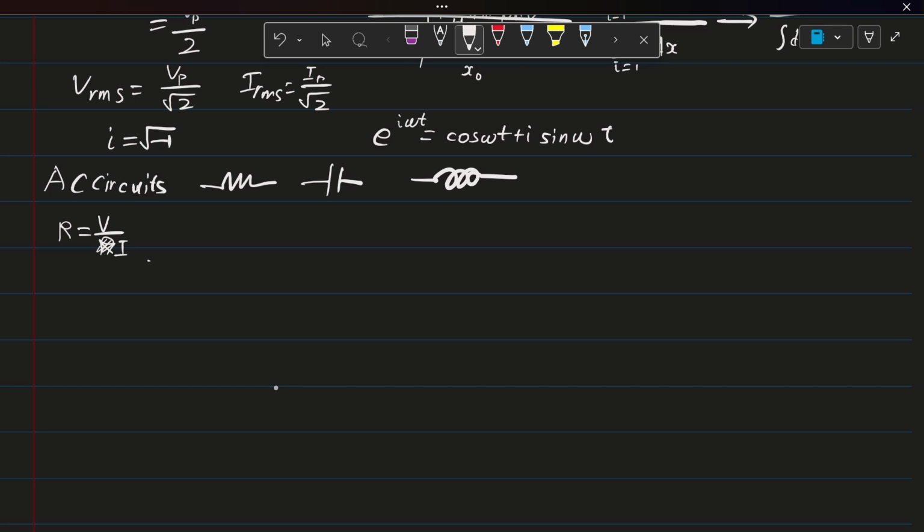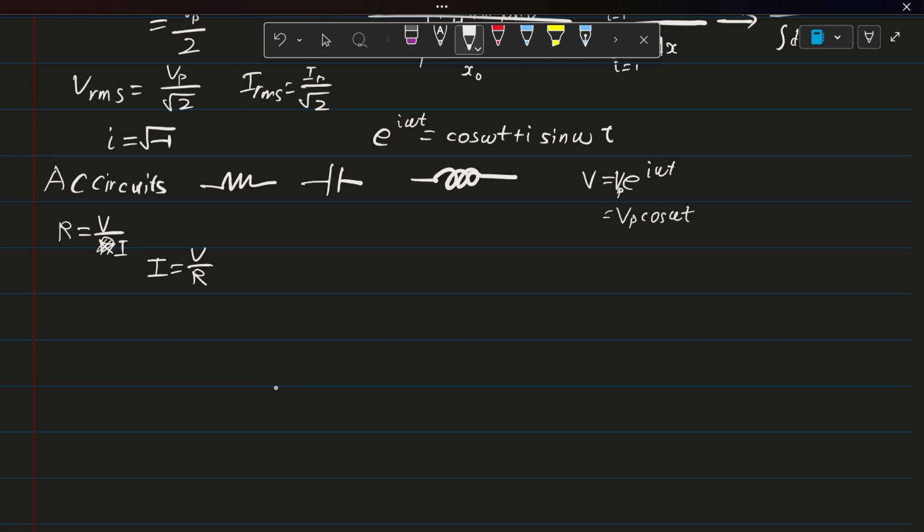So you could say that I equals V over R. And if you try to put it, let's say that we'll just put a voltage in here to be e to the power of i omega t times Vp. So this will be the same thing as Vp cosine omega t.